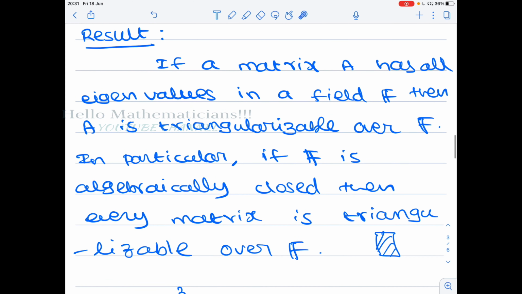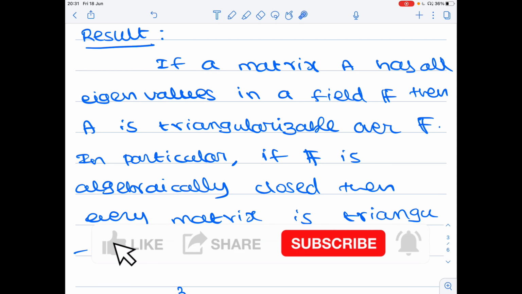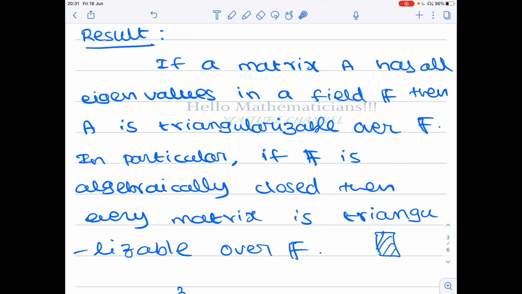Why? If it is an algebraically closed field, it means every polynomial over F will have roots in the field F itself. So if you consider a matrix over a field F which is algebraically closed, then the characteristic polynomial of the matrix will be a polynomial with coefficients from F, and since F is algebraically closed, its eigenvalues will be in F. Once the eigenvalues are in F, it is triangularizable.